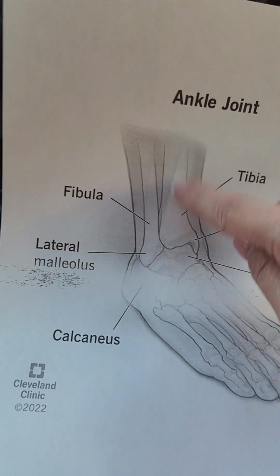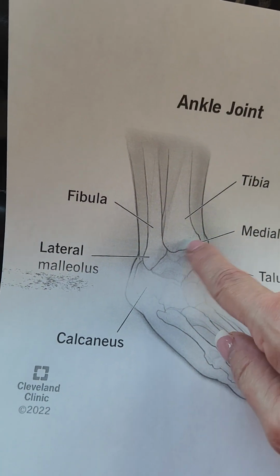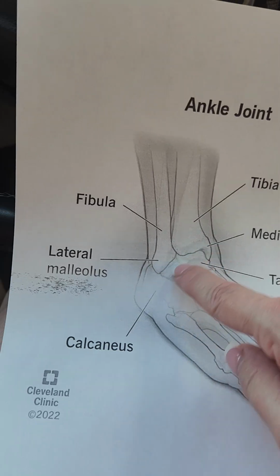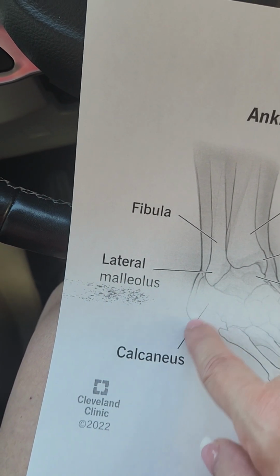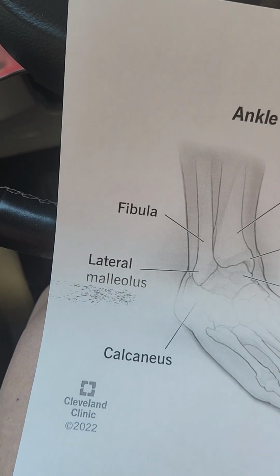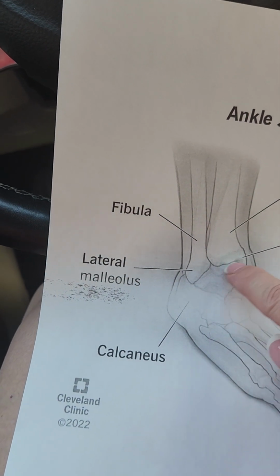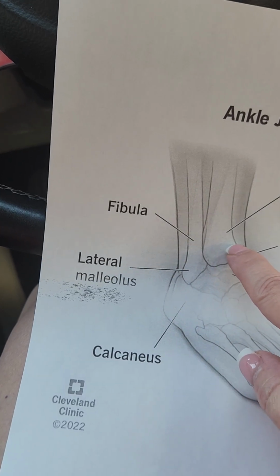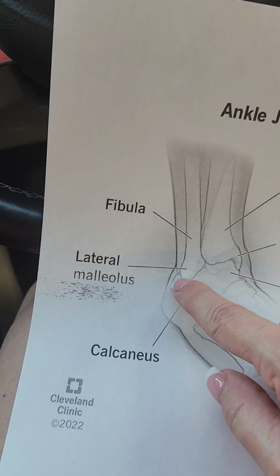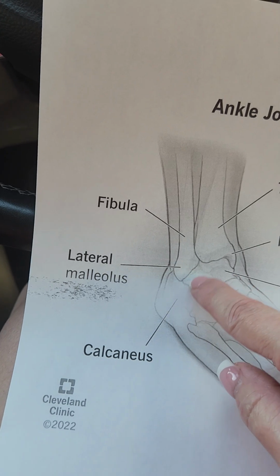So once again, distal tibia, medial malleolus, talus, fibula, lateral malleolus, and the calcaneus. Last week I talked about the missing puzzle piece to the ankle when we talked about the distal fibula and tibia. The talus is that missing puzzle piece right here. Let's carry on. That's what a normal ankle joint looks like.